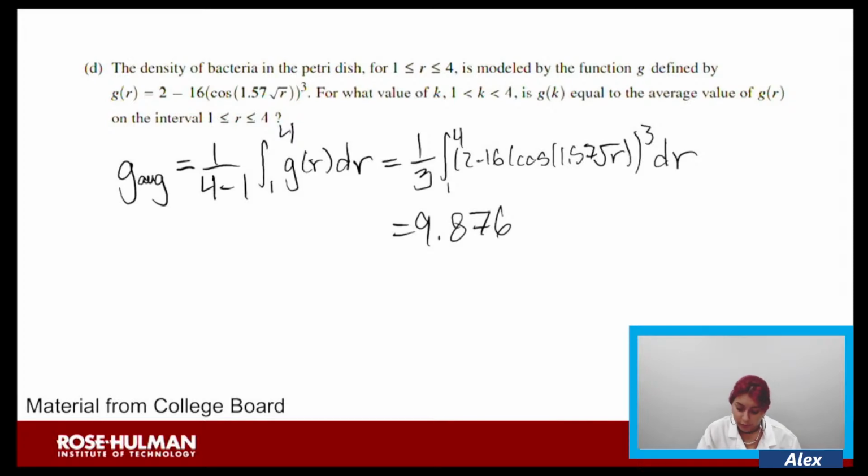So for what value of k on this interval is g(k) equal to the average of that? We don't just want to find our average g. We want to find our value of g(k) that is equal to the average. So we essentially want to find at what value of k we get our g average.